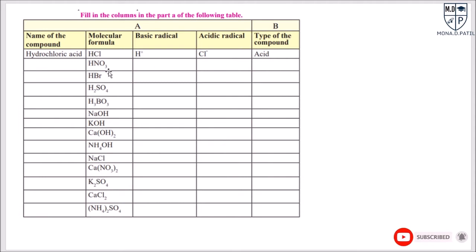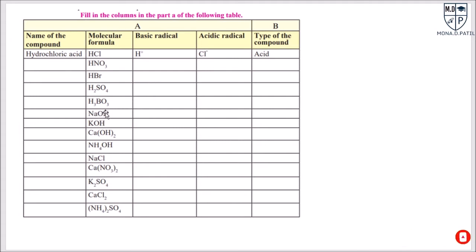So hydrogen bromide, sulfuric acid, all these examples release the H plus ion as the basic radical, and that's why they are acids.